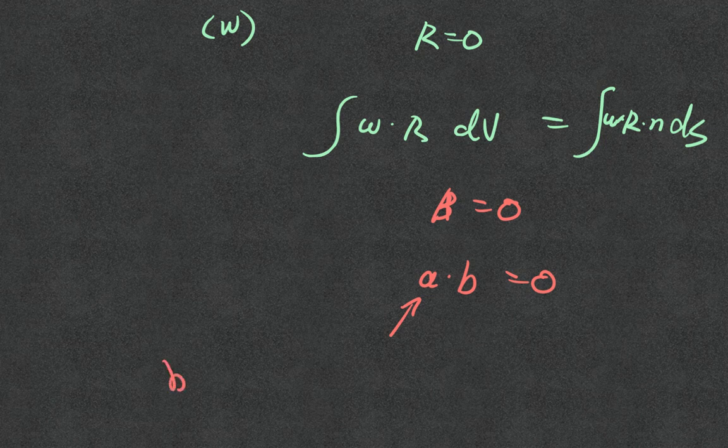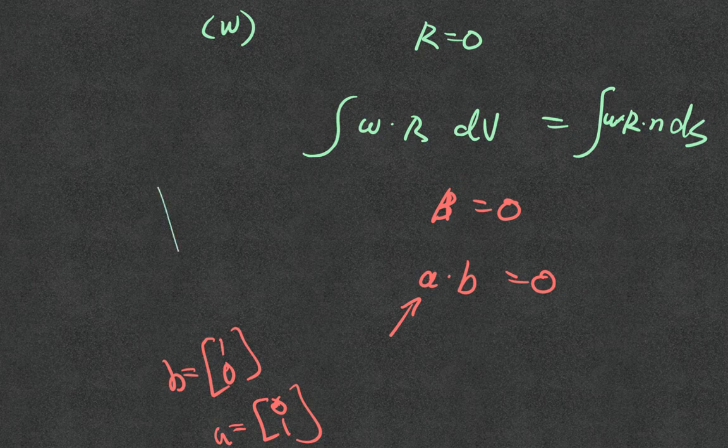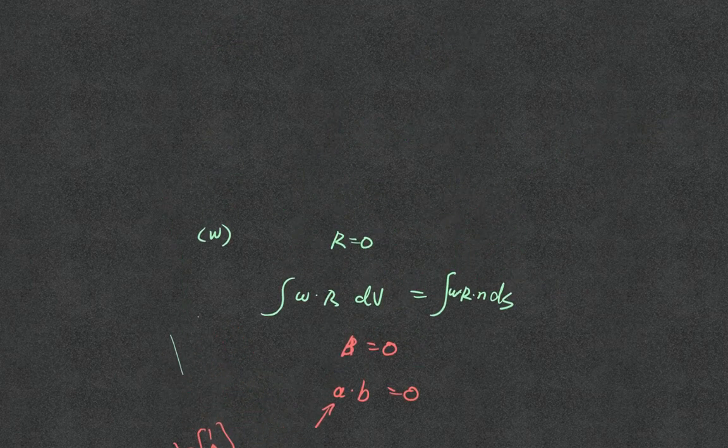For example, if B equals (1, 0), and I'm just making this up, and A equals (0, 1), B is obviously not 0, but the dot product equals 0. So you have to provide some constraint projection that makes sense and then check whether it's equal to 0. Your choice of the test function is very important to making the weak statement make sense. Does that make sense?